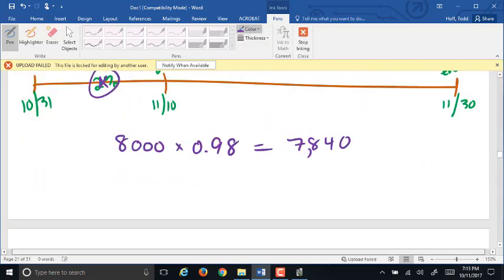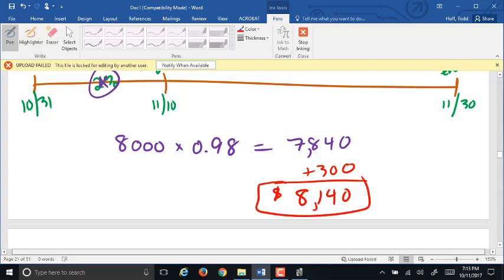And then we have to add in the shipping of 300, $8,140. That shipping is a real expense. The supplier had to pay the full $300. They're not giving the buyer a discount on that. That's a reimbursement. It's not really merchandise. It's an expense. So there is no discount on shipping.